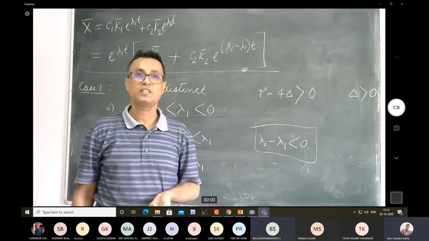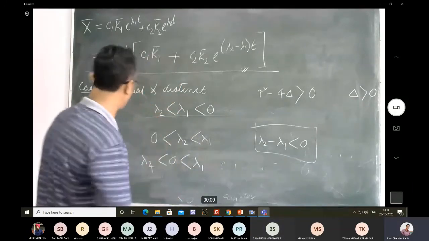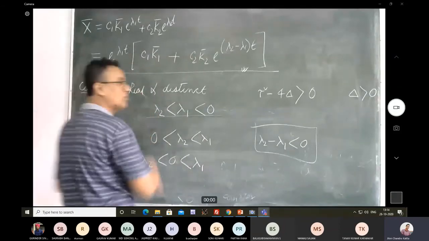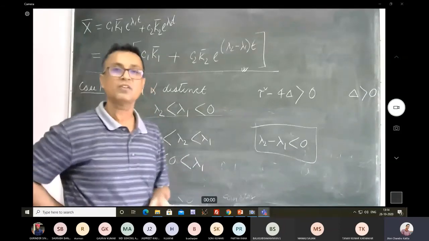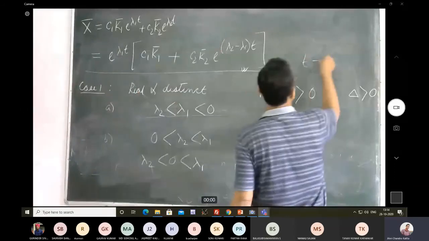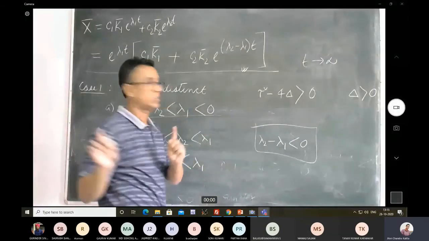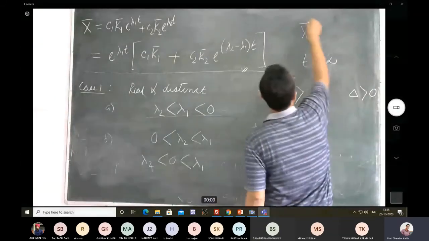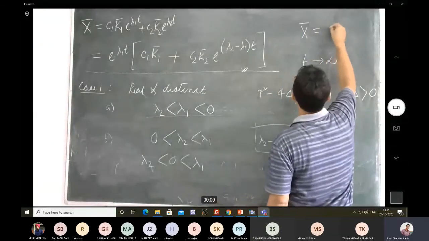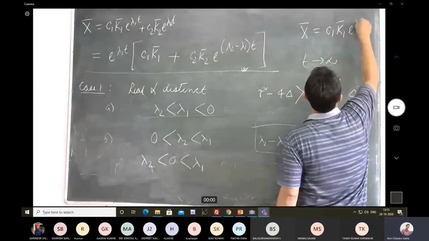Irrespective of whether lambda 1, lambda 2 are positive, negative, or have opposite sign, as t tends to infinity the general solution is always going to tend to c1 k1 e to the power lambda 1 t.